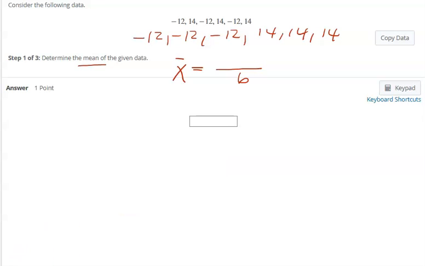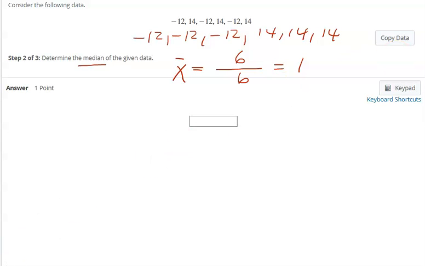So take a moment. When we add this up, we get a total of 6. So 6 divided by 6 is 1. So our mean is going to be 1.